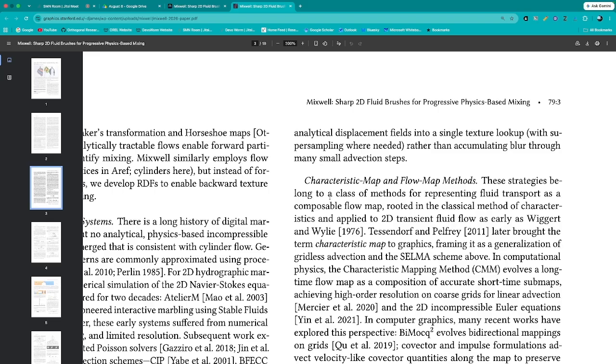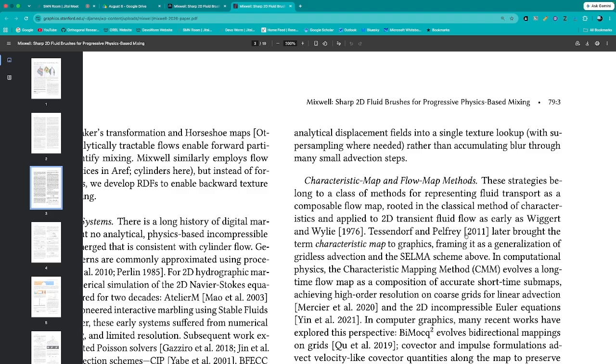These strategies belong to a class of methods for representing fluid transport as a composable flow map, rooted in the classical method of characteristics and applied to 2D transient fluid flow as early as Wiegert and Wiley, in 1976.